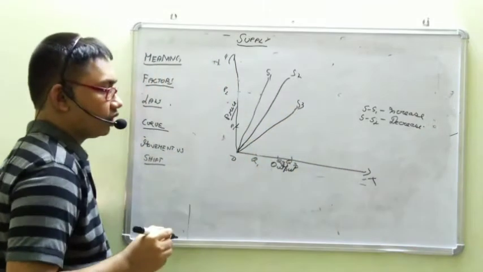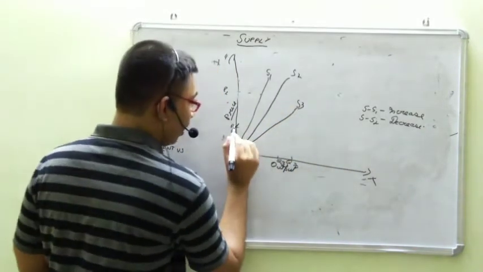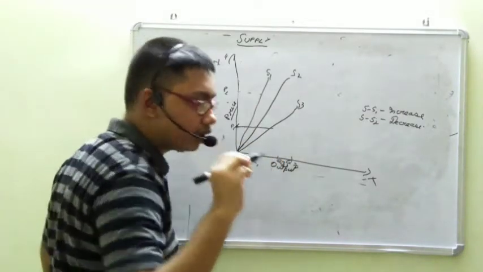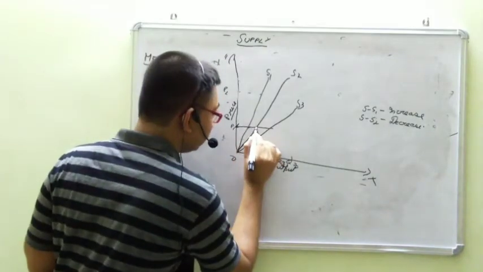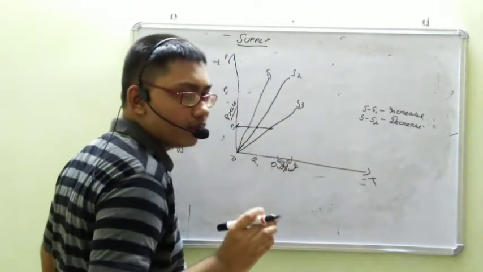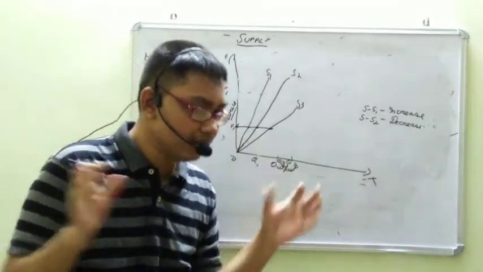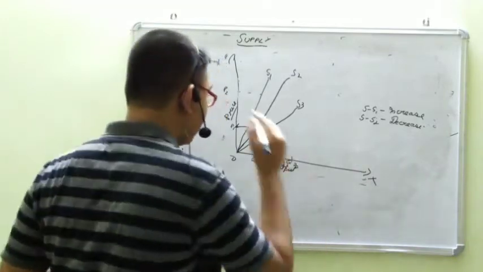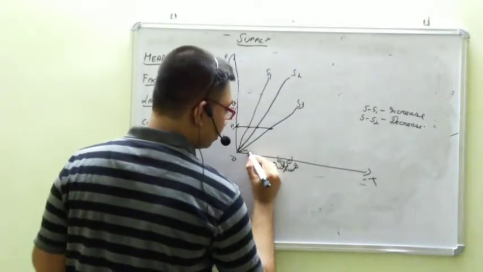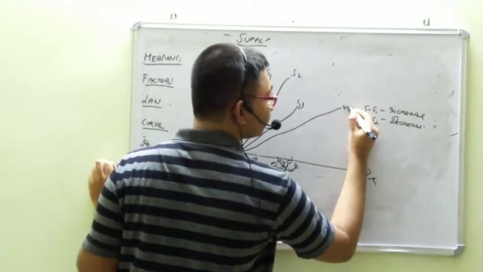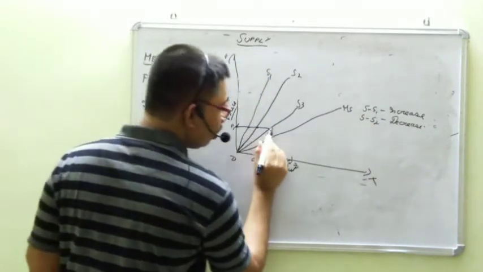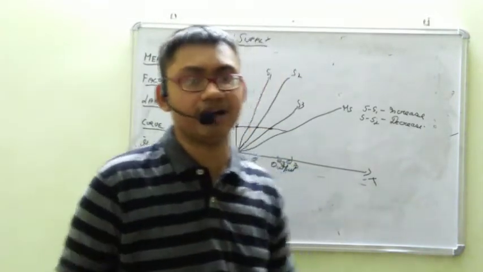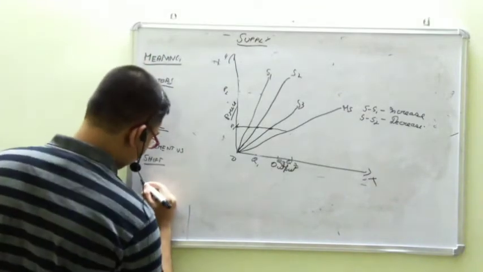If at P1 the quantity supplied in the market will include this plus this plus this, because three producers are supplying simultaneously, the aggregate will be the quantity supplied in the market. So the market supply curve will be a bit flatter, MS. It will be a horizontal summation of individual supply curves of all producers in the market. That's all about market supply.